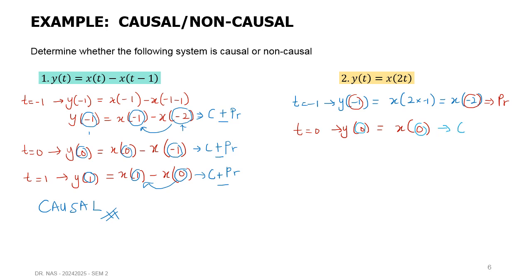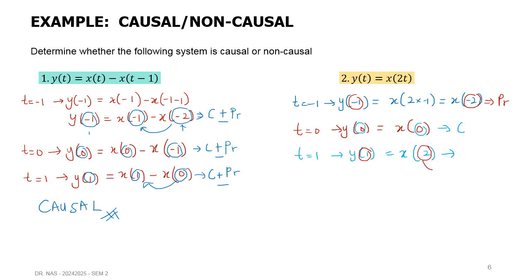Okay, let's try positive t values. y(1) equal to x(2 times 1), you get x(2). So here, look at the states. The current state of the system is 1, but in the output you have 2.